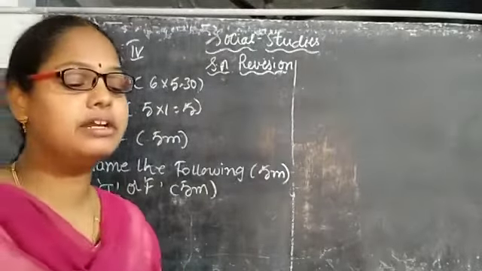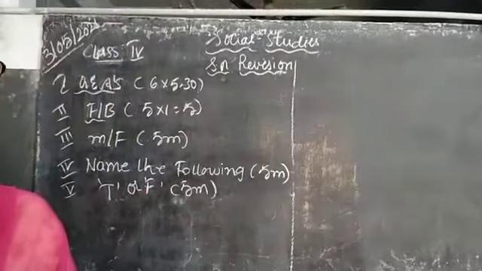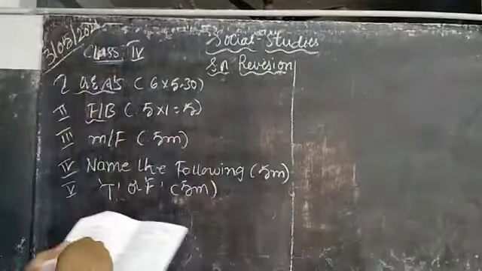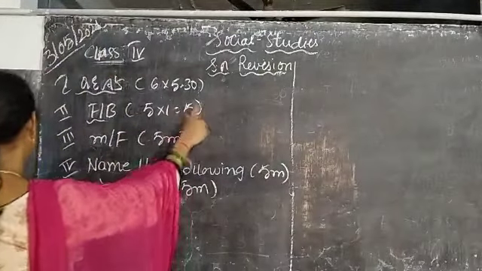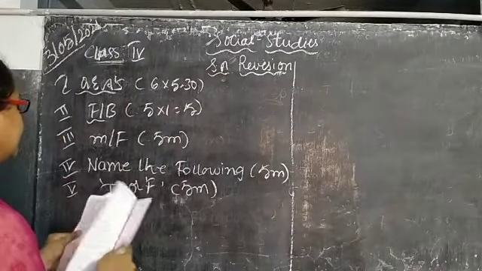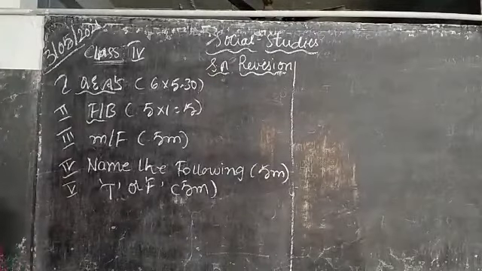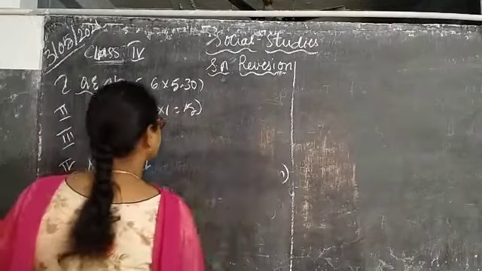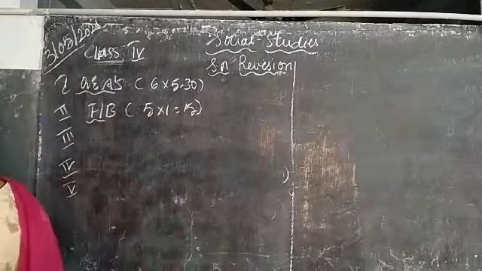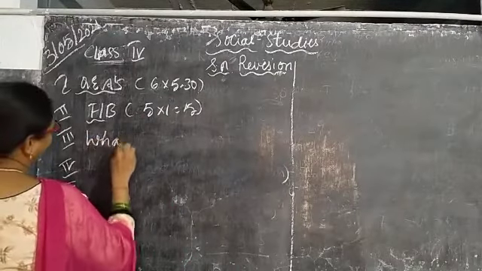Next, coming to the 5th class. 5th class children, listen here. Summative assessment. I have given only the first 3 lessons. So what is the first pattern? First bit is question answer. 6 5s are 30. Next one, fill in the blanks. 5 ones are 5. Third bit is what, children?